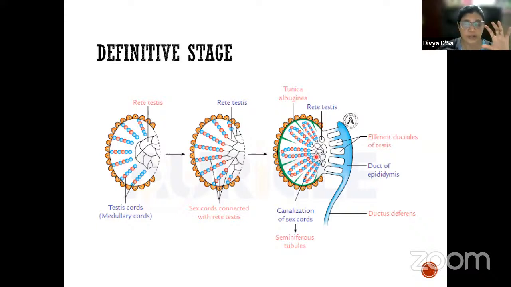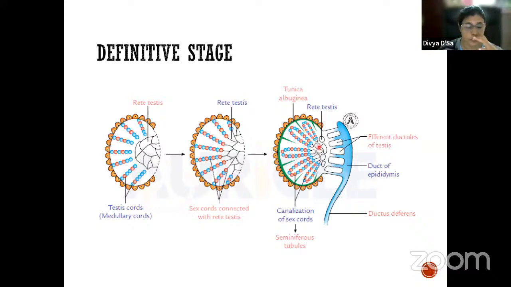So when we see the gross anatomy of the testis, what do we say? The seminiferous tubule is highly coiled, and at its ends it becomes straight. All the straight tubules from each of the seminiferous tubules join to form the rete testis.